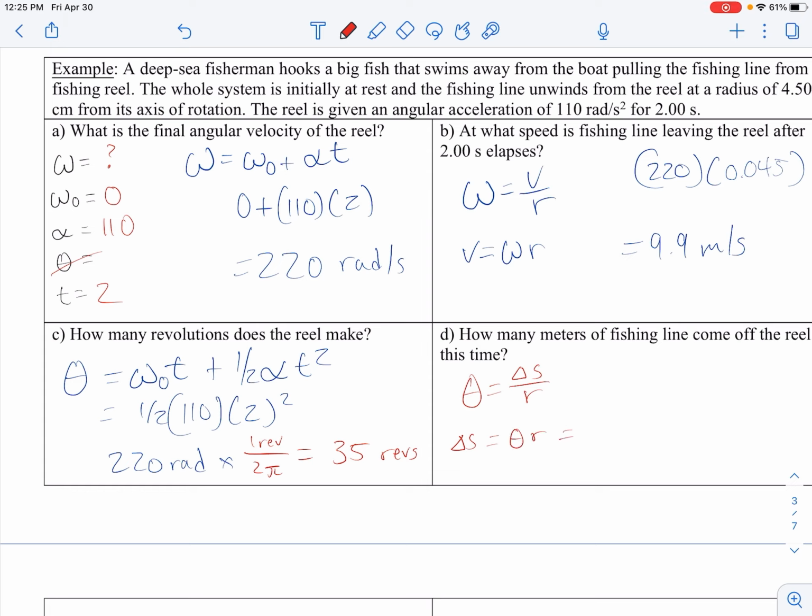In this case, we know that the rotational angle is 220 rads, or radians, and our radius is 0.045. So our arc length, the total amount of line that's coming off, is going to be 9.9 meters.